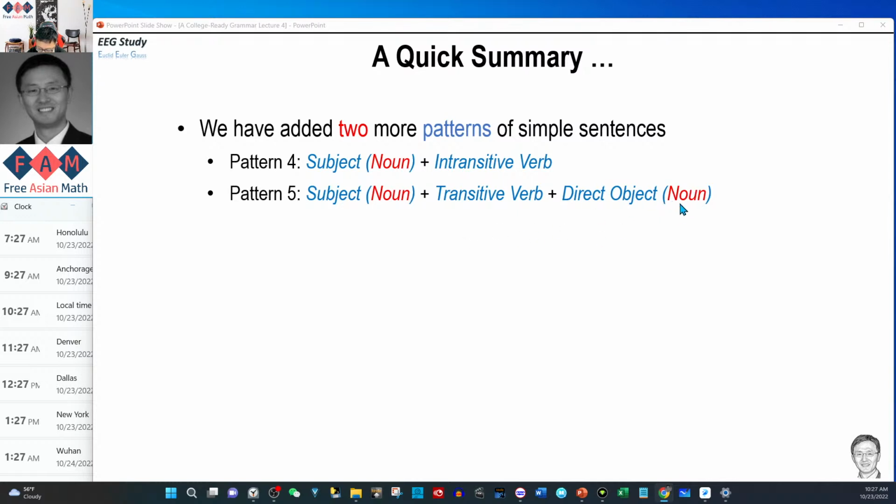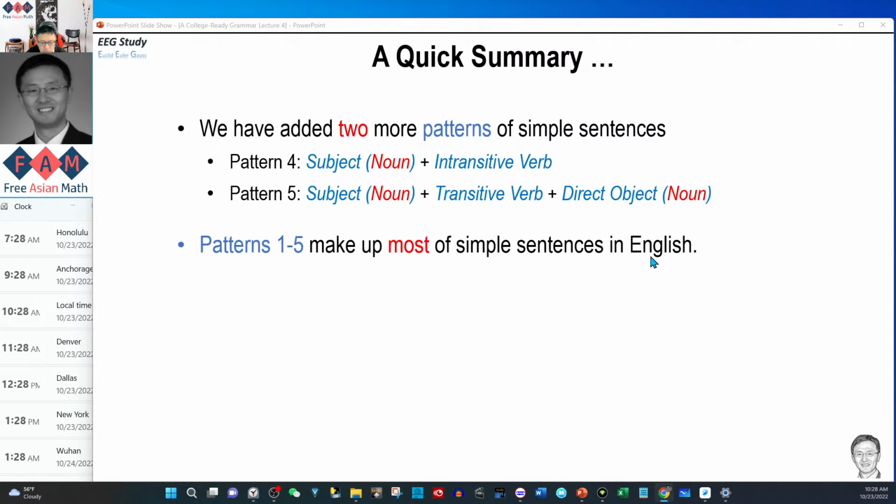And object, just like subject, is usually just a noun or noun equivalent. Very rarely you can see something that is not a noun. Very rarely. It can happen. But in almost 99.99% of the cases, the object of the transitive verb is just a noun.